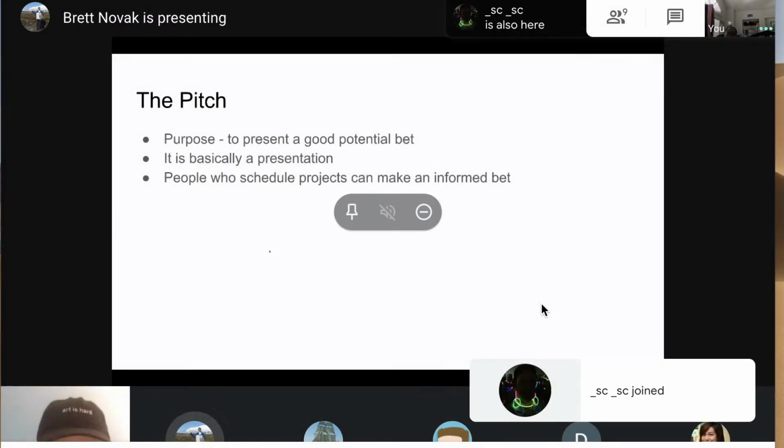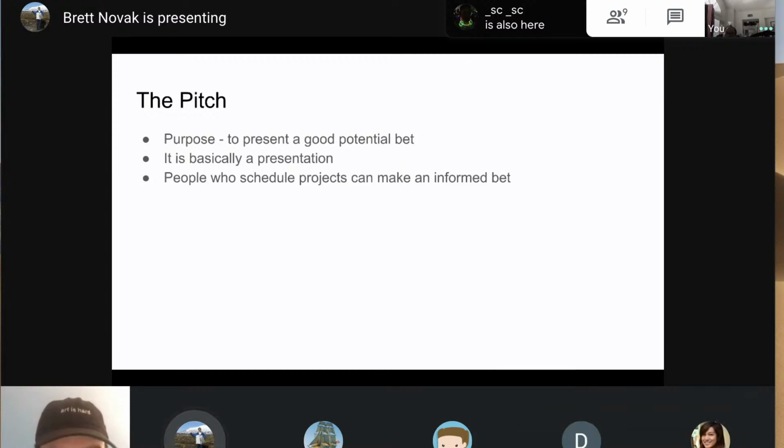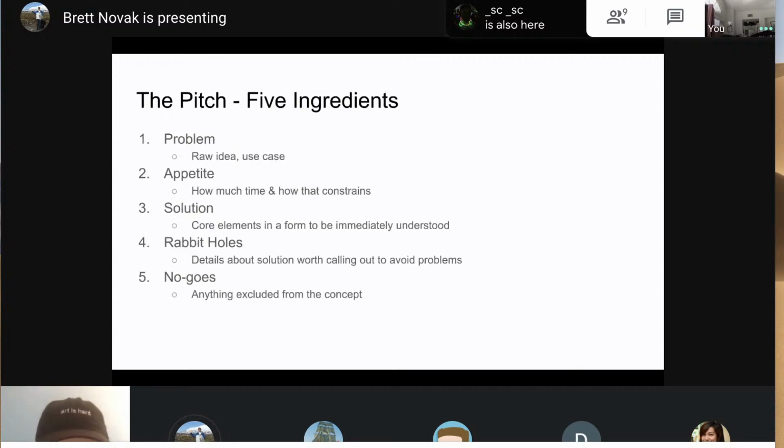The purpose of the pitch is to present a good potential bet. It's basically a presentation. People who schedule projects can make an informed bet with this pitch.